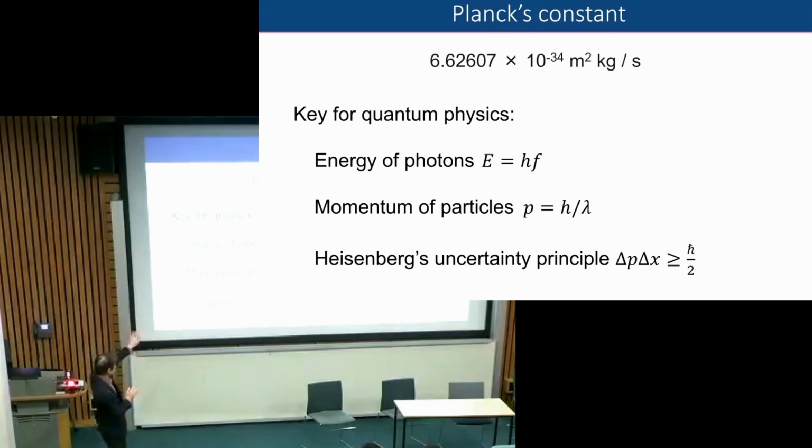So it's energy of photons equals hf. It comes up in quantum mechanics for describing the momentum of particles, relating them to the wavelength. Profoundly, it's as simple as h over lambda. We'll do that next week when we get into some quantum mechanics. And also, hopefully next week, we'll touch on Heisenberg's uncertainty principle. And yet again, Planck's constant comes up in the Heisenberg uncertainty principle.